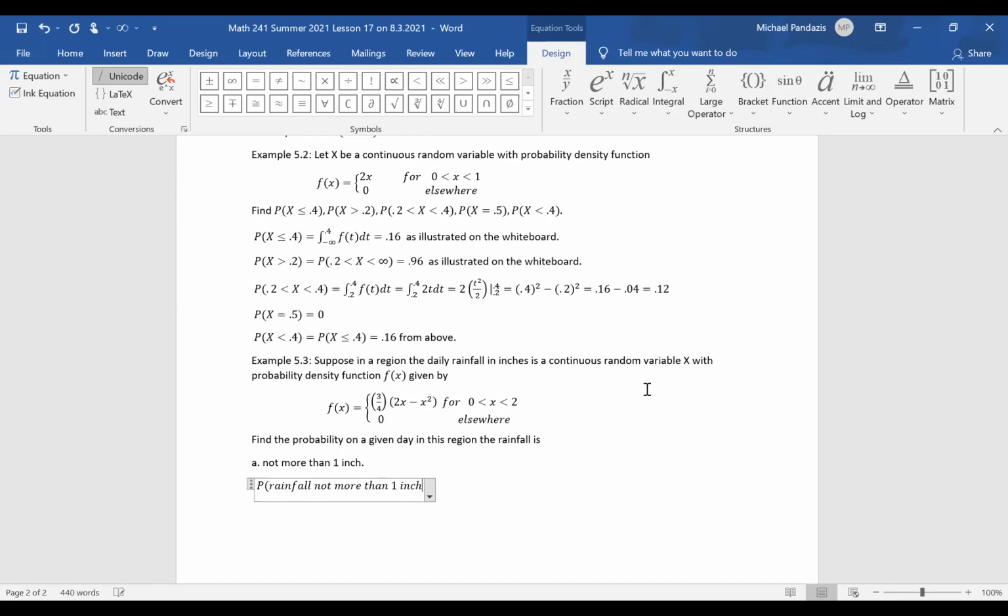I don't have to write all this out, but I'm going to be doing it so you understand it. The amount of rainfall is described as capital X. So not more means it's less than or equal to 1. So this is the probability capital X is less or equal to 1, and that's equal to the integral from negative infinity to 1 of f of t dt, where t is our dummy variable.